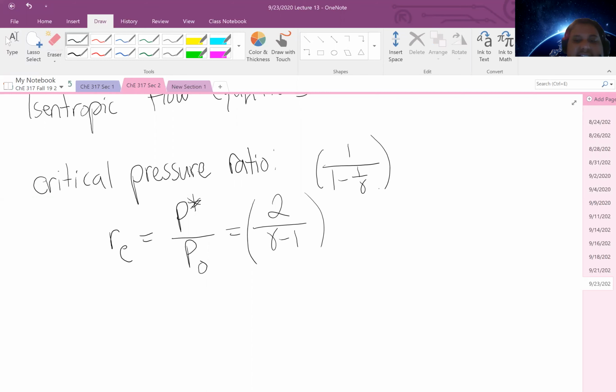And this is equation 629 in your text, page 142.